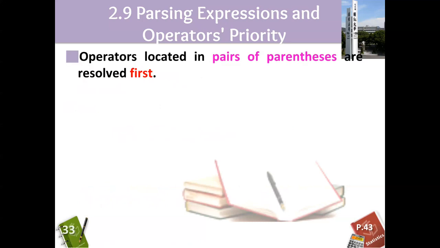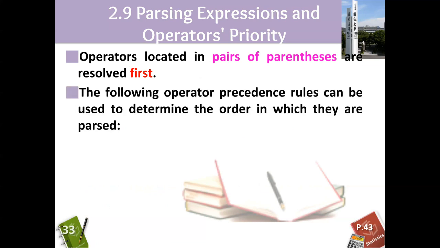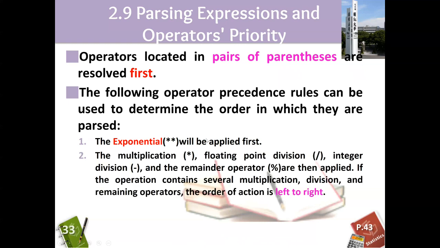Operators enclosed in pairs of parentheses are resolved first. The following operator precedence rules can be used to determine the order in which they are parsed. First, pairs of parentheses and exponentials come first. Then multiplication, floating point division, integer division, and the remainder operators are applied.